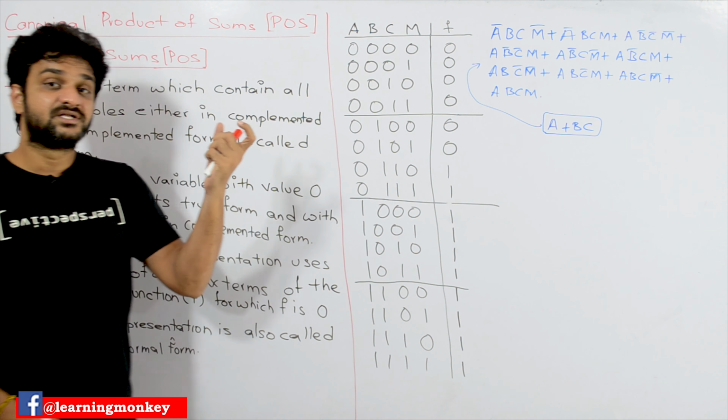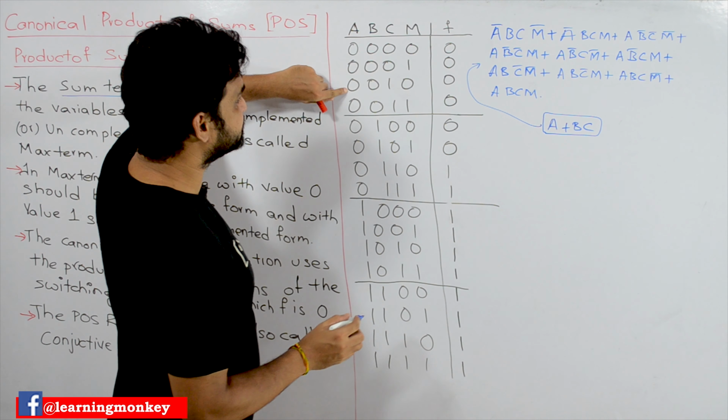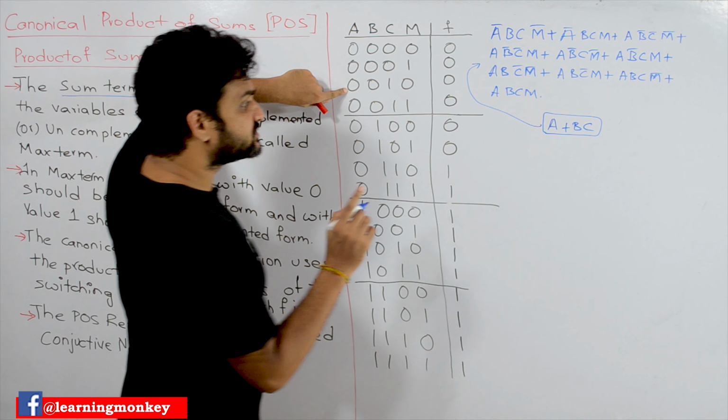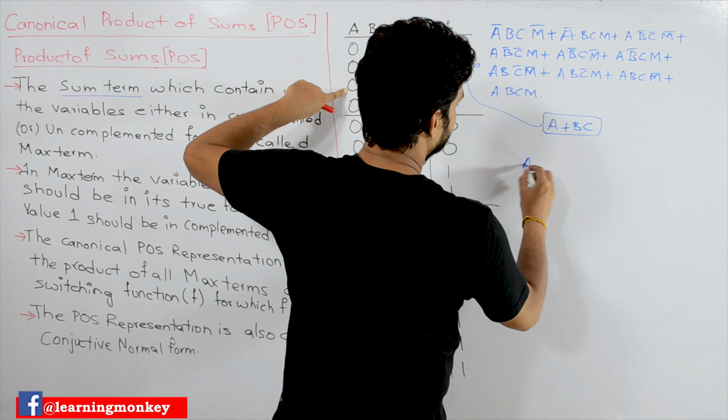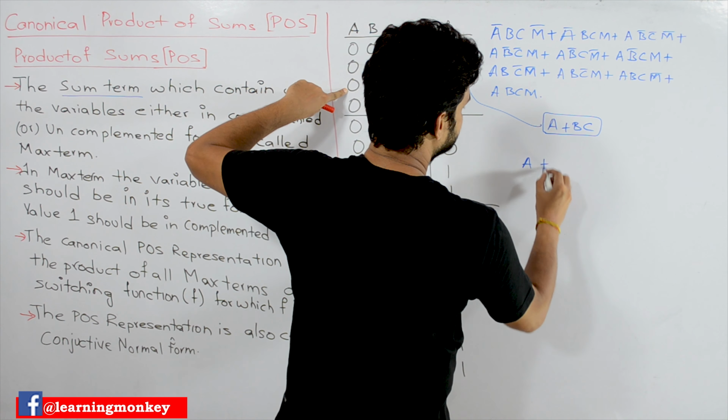For example, if you want to represent this term in the product of sums representation, we are going to represent it by using a sum term. That is the way in which we have to represent, and this is what we call a max term.